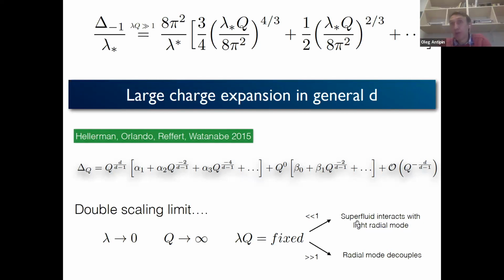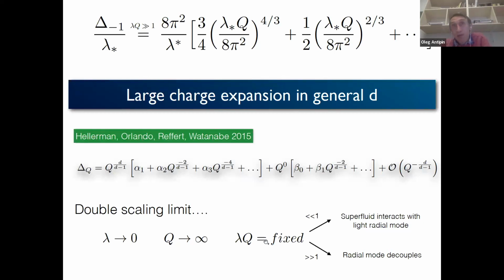In one regime, when it's very, very small, your superfluid interacts with the light radial mode, with the pion, and all degrees of freedom are intact in your system, and you have a usual perturbative approximation to your system. Diagrammatics works, and in fact, you can compare it with the Feynman diagrams, as I will do in a moment.